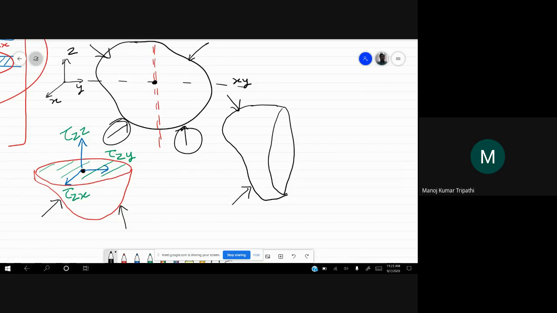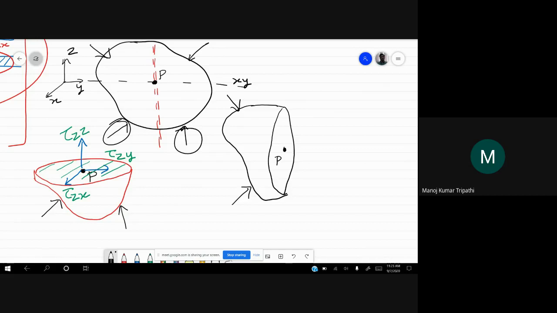This is the free body that I have drawn. And this is the point. This is the same point in all three figures, P, P, and P. We are just taking different sections. You can take infinitely many sections and define stress at all those sections.